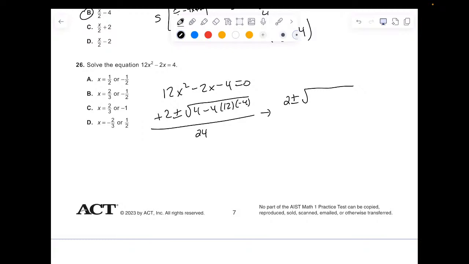4 plus 192 over 24. And 196. Is that evenly? Yeah, I think it is, right? It is 14. So 2 plus or minus 14 over 24, which means we have 12 over 24.